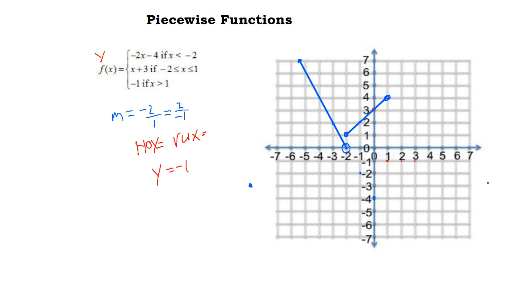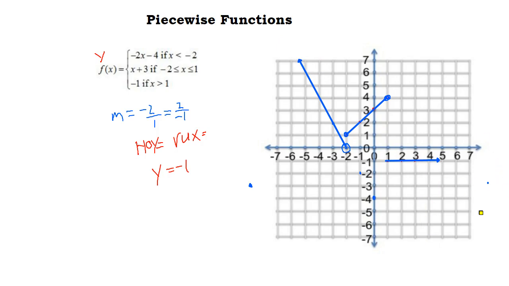Anyways, back to this. Let me draw the line. This time we will have an arrow. There we go. The arrow goes off to the right because that line goes on forever to the right, and this line goes on up and to the left forever.